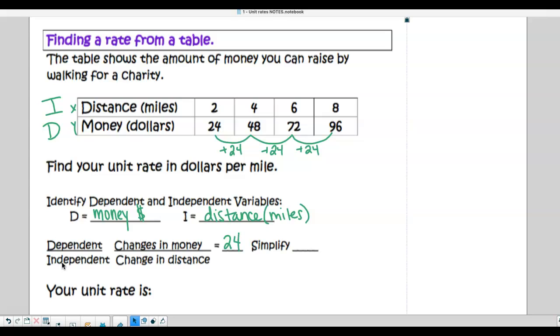How much does the distance keep changing by? Lexi? 2. So we have 24 over 2, and then we're going to simplify that. I want it to be a unit rate, so I'm going to divide by whatever's on the bottom. 24 divided by 2 and 2 divided by 2, that's 12 over 1. What does that mean?